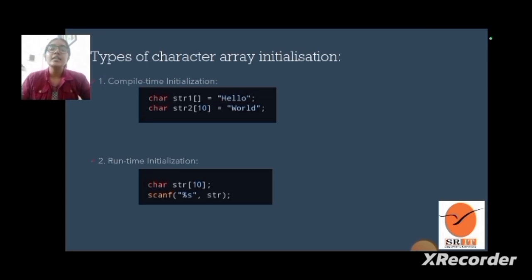Runtime initialization is when we give input through the keyboard, and compile time initialization is giving input in the source code or the program itself.